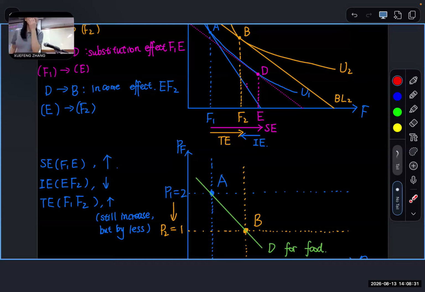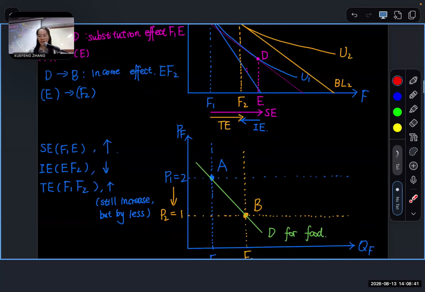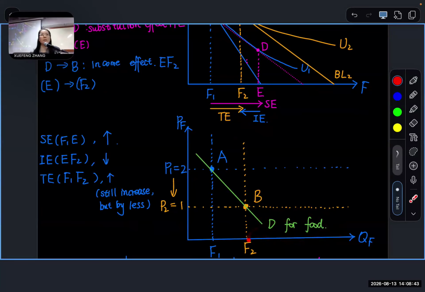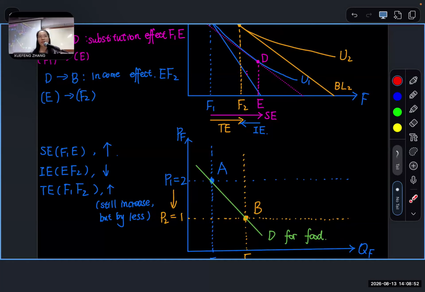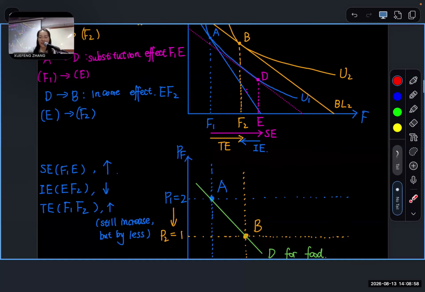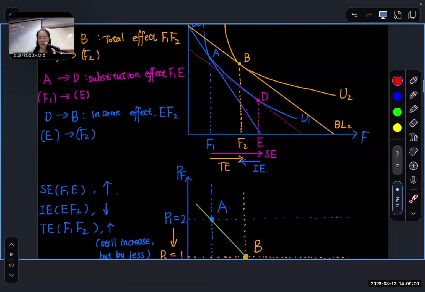If you can't spell Marshallian correctly, just try to spell it, I understand it's Marshallian. So tell me, which demand is this? Yes, Marshallian demand. Why? Because I got it from A and B.